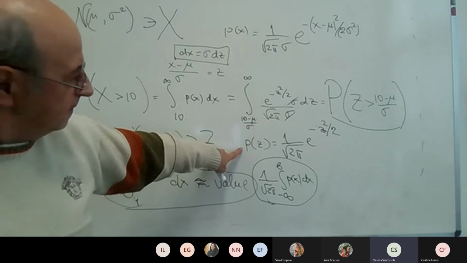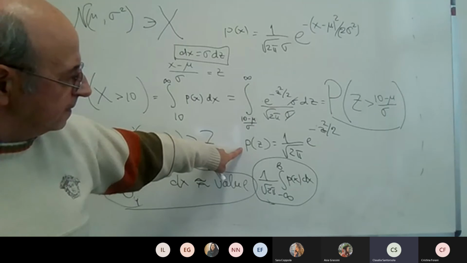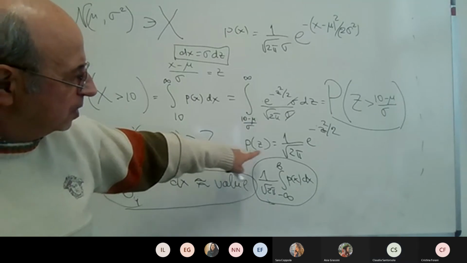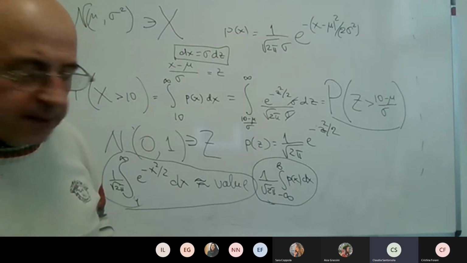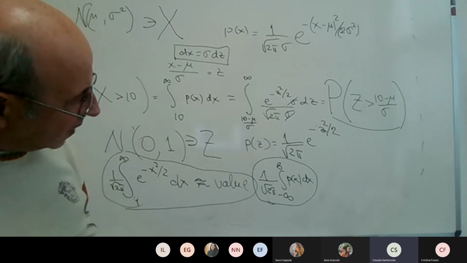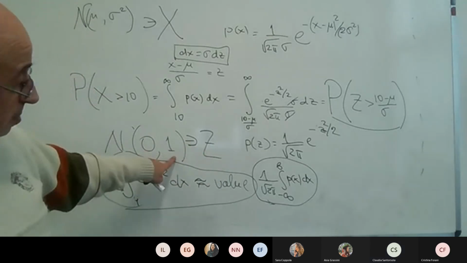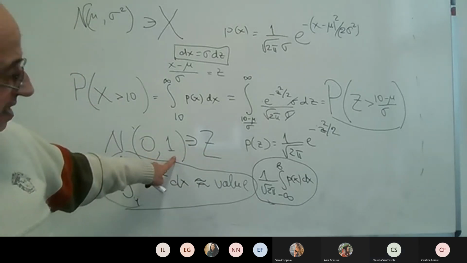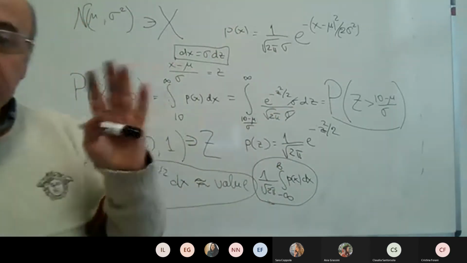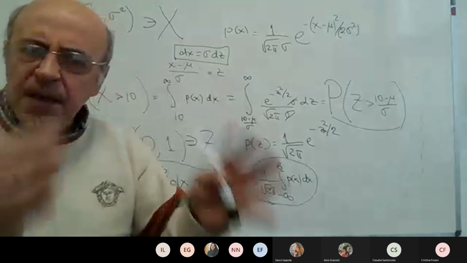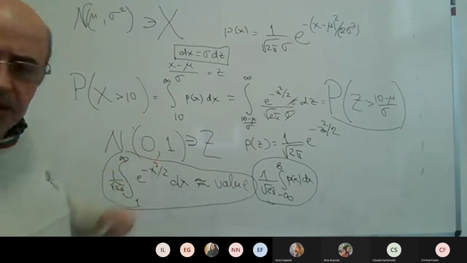Why in the denominator we have the square root of 2 pi, but there isn't sigma? Because we said sigma is 1. The standard distribution is with sigma 1. This is what is known. You can find it even in books and tables, but sigma is 1.